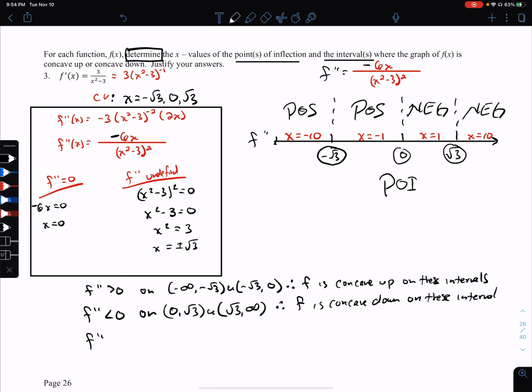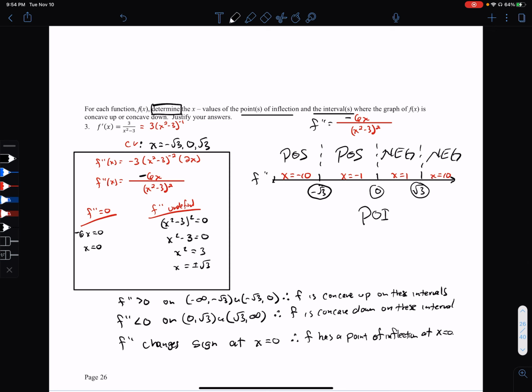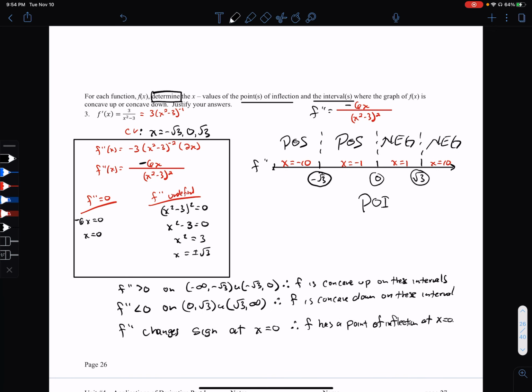So we would say f double prime changes sign at x equals 0. Therefore, f has a point of inflection at x equals 0. Done. We've answered the question. All right, hopefully that example made sense.